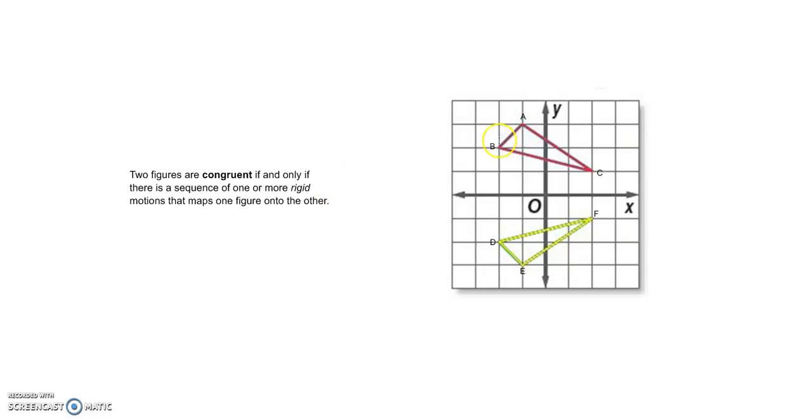So essentially, if we can find a way to reflect ABC or translate ABC or rotate ABC so that it then sits perfectly on top of this figure, then we can say that these two figures are congruent. Okay.